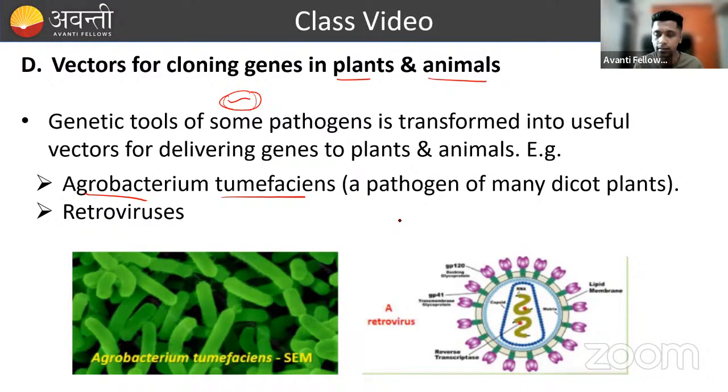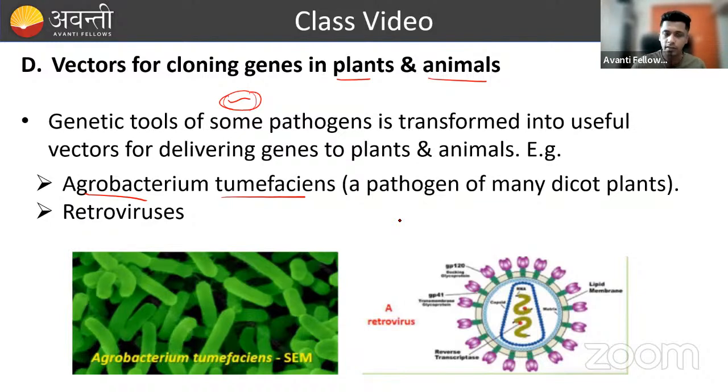So now what we can do is, instead of Agrobacterium tumefaciens delivering its tumor-inducing gene, we can make it deliver our gene of interest. Anyways, it is very compatible in infecting our plant cells, so easily it can deliver our gene of interest without any problem.